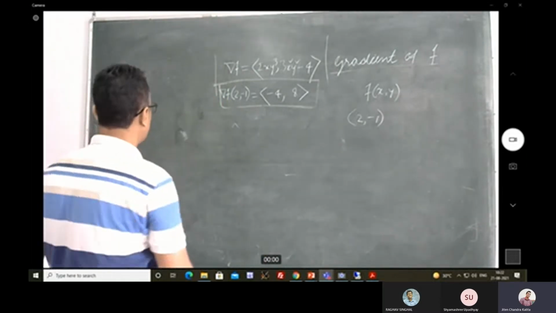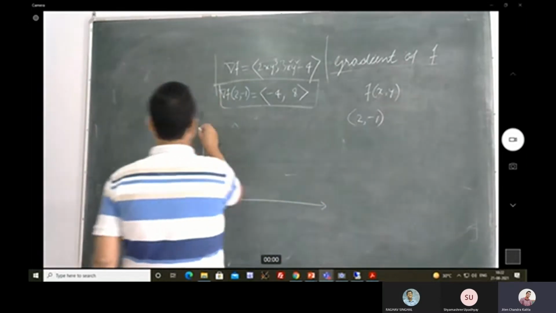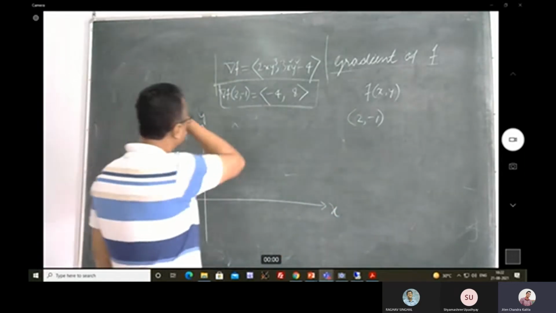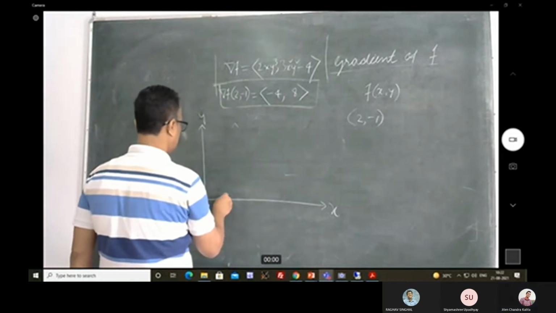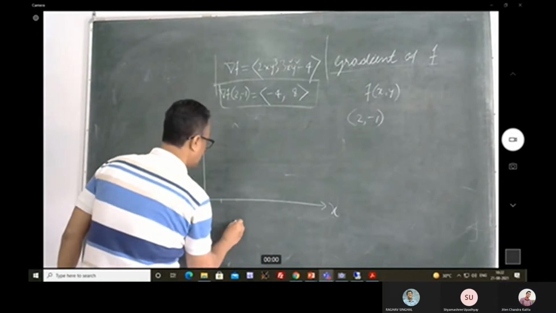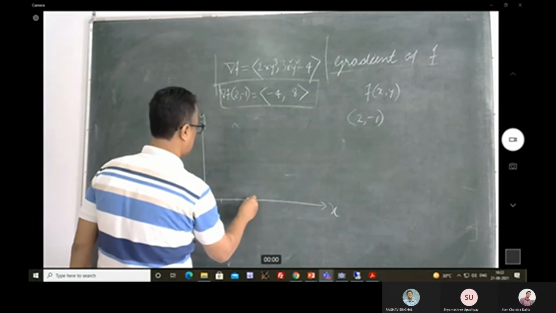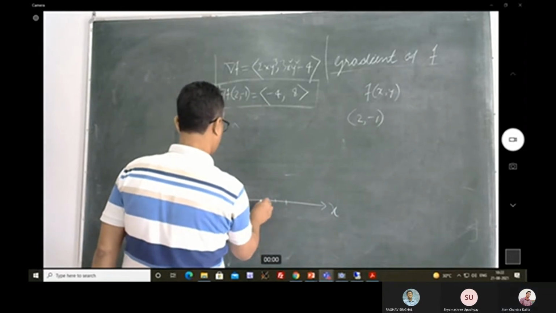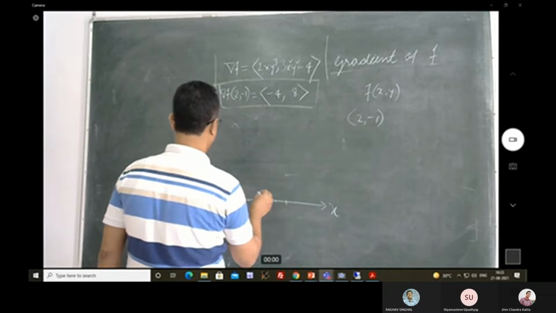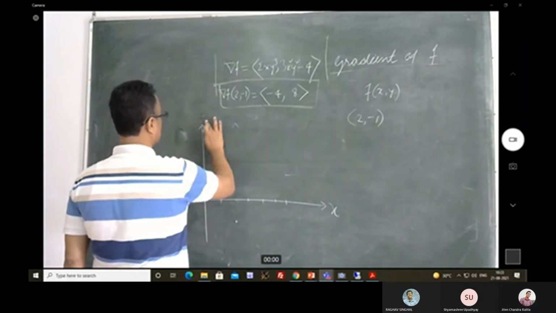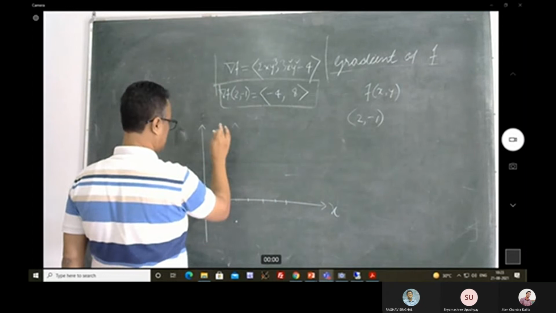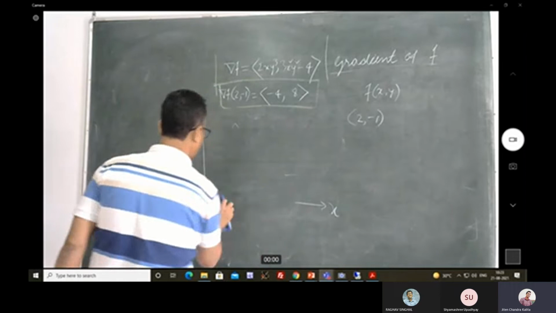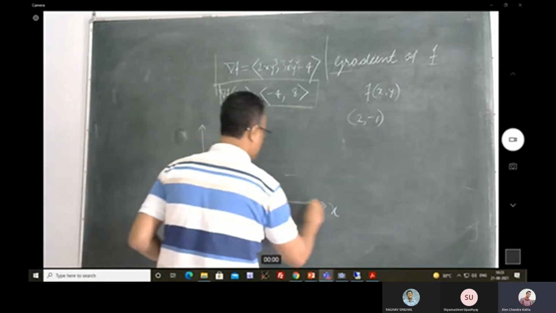For example, suppose I consider this two-dimensional plane. I'm going to make it smaller.